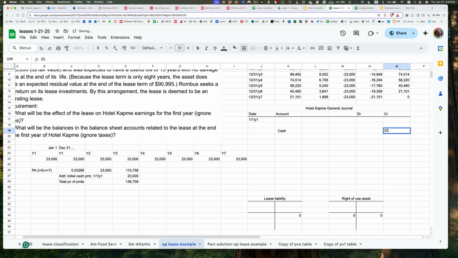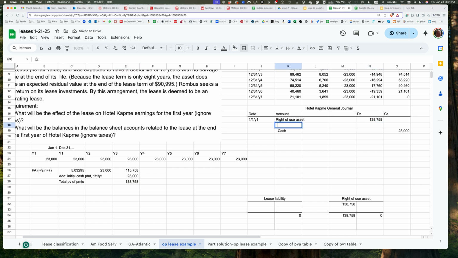Credit 23,000. I'm sorry, we're crediting 23,000 for that initial payment. We're going to debit the right of use asset, and that's going to be equal to the present value of the lease payments.